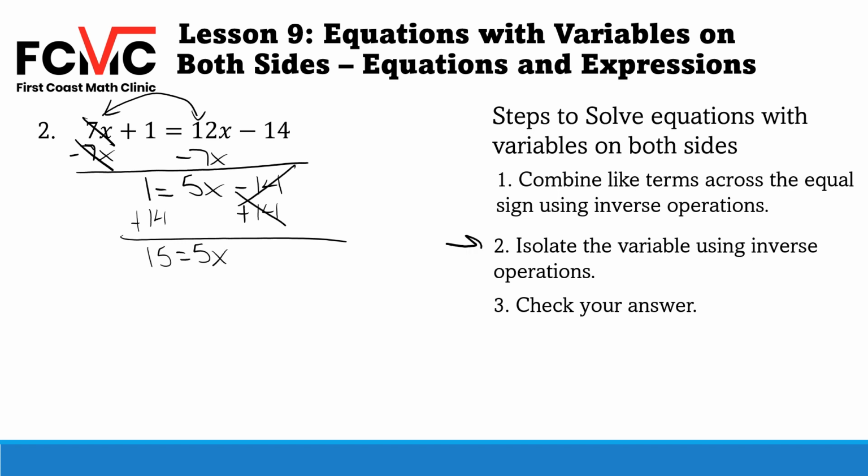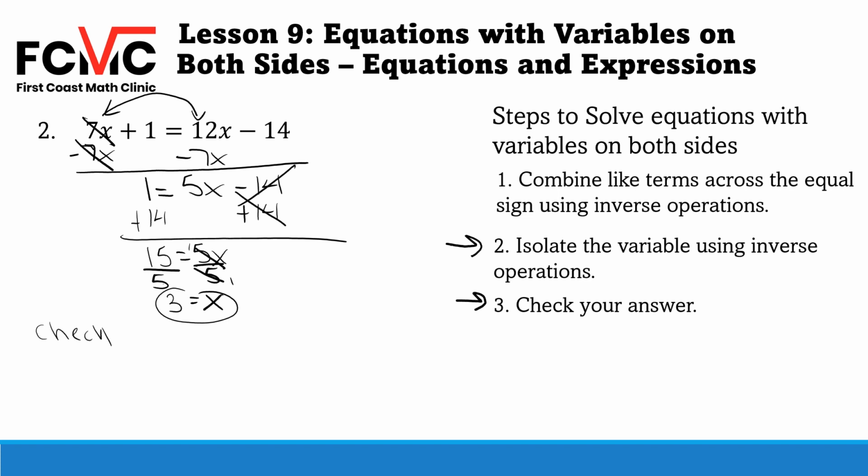Now I want to isolate the variable using inverse operations. So let's divide by 5, divide by 5. 5 divided by 5 is 1 and 1. Multiplying and dividing by 1 doesn't change anything, so I could just keep the x equals, and then 5 divided by 5 is going to give me 3. So x equals 3. And our last step is we could check our answer.